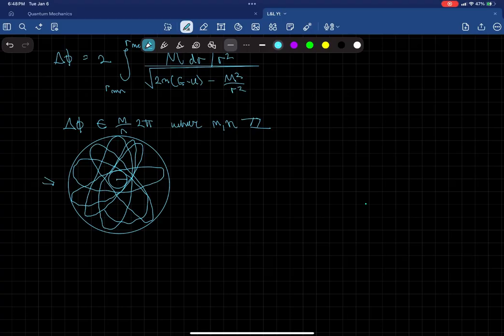And this is essentially the reason why planets will never spiral into stars, and it's almost as if angular momentum is acting as a shield, a barrier that keeps the particle from ever touching the center.